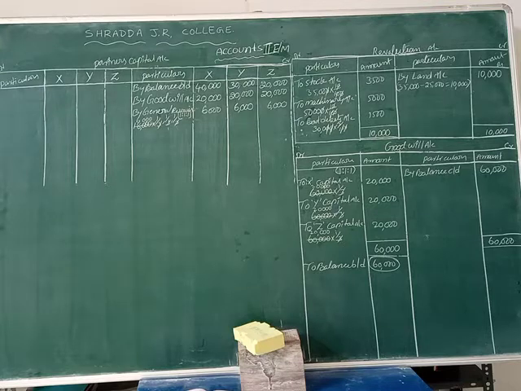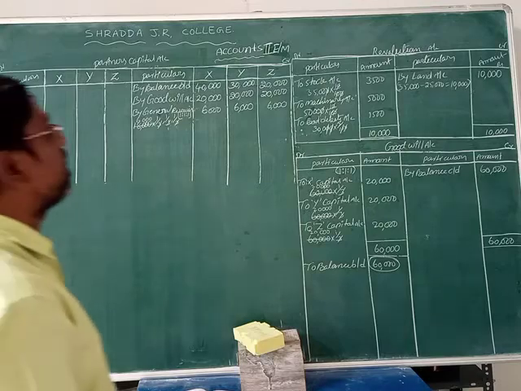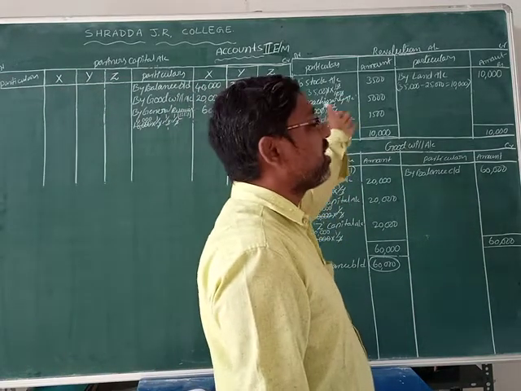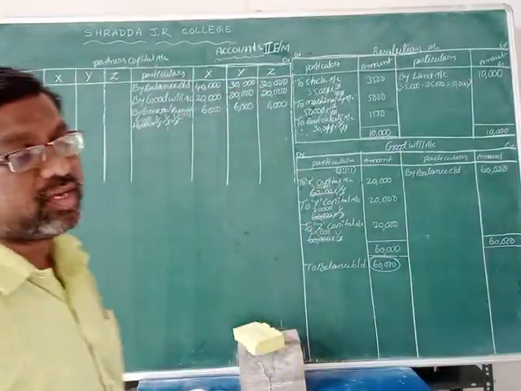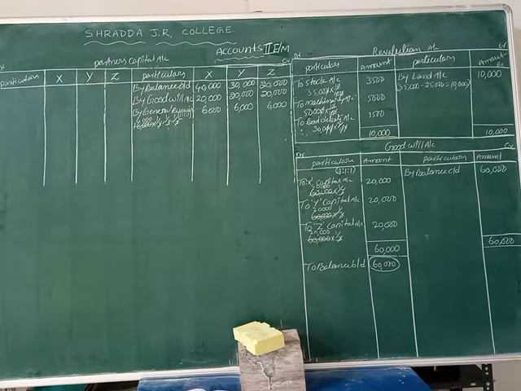Now next one we can take revaluation profit or loss. Let us see here. In the revaluation account we make no profit and no loss. Why? Because the revaluation account has debit and credit both sides of an equal amount. That amount is 10,000 rupees and 10,000 rupees. That's why we don't make a revaluation profit or loss here.